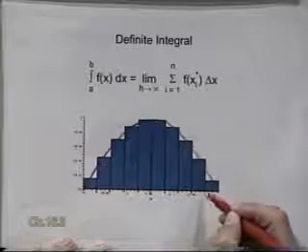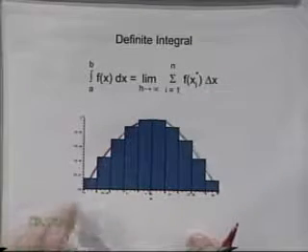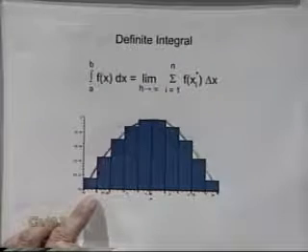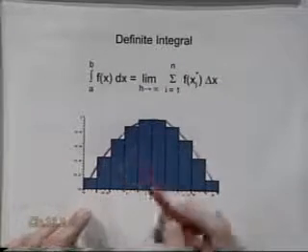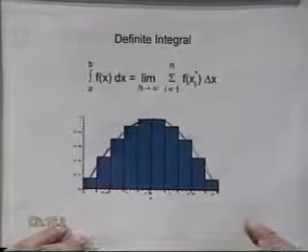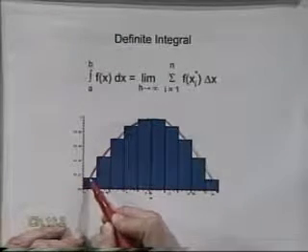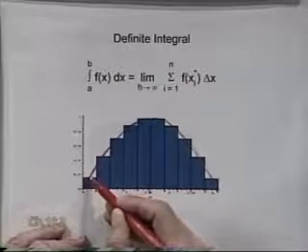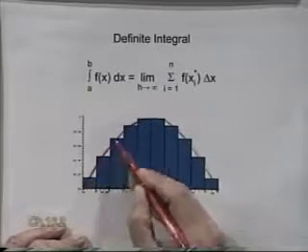And then what we said is you could pick any point on each sub-interval and make the height of your rectangle be the y-coordinate of that point. In this particular case, I programmed the computer to take the midpoints. So for this first rectangle, the height was the y-coordinate at that point, and we did it for each of them.